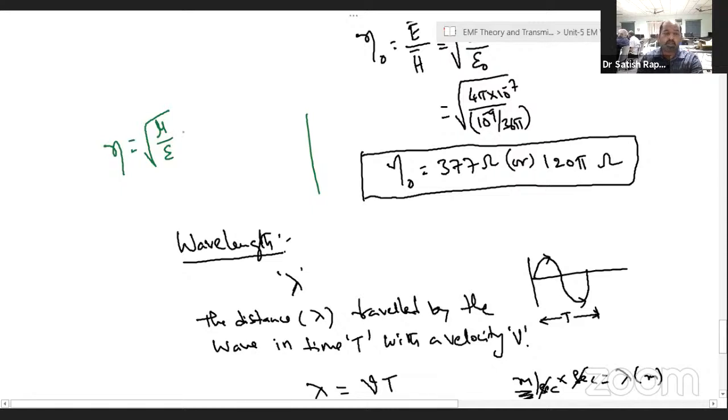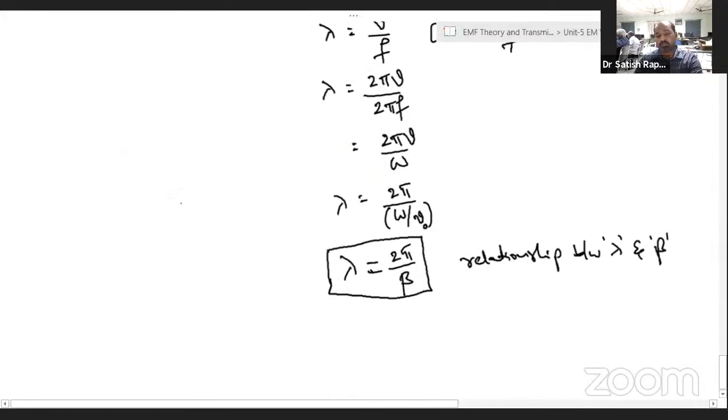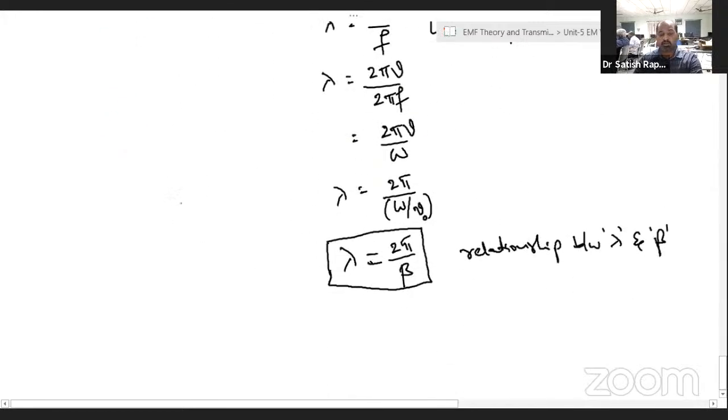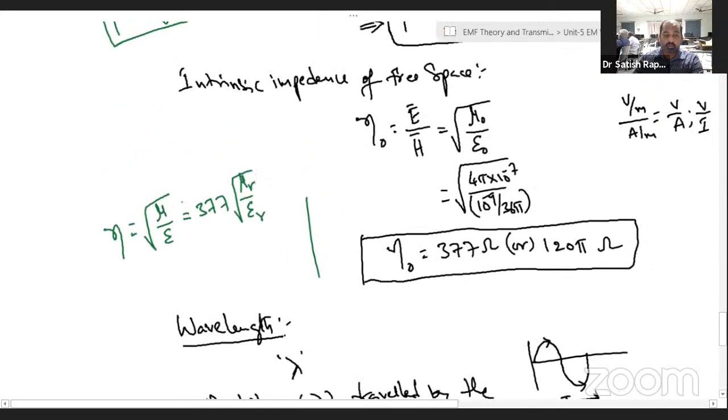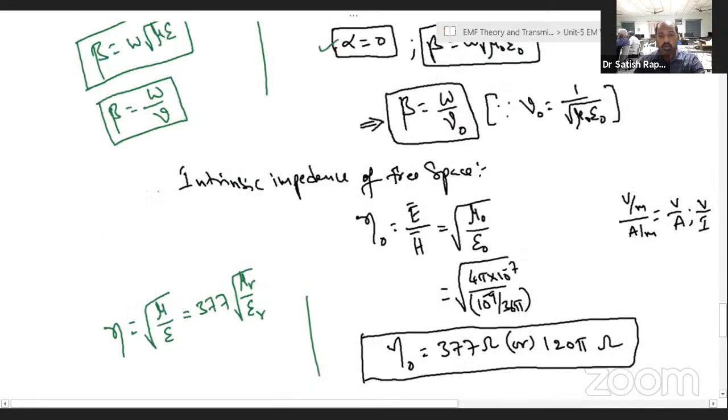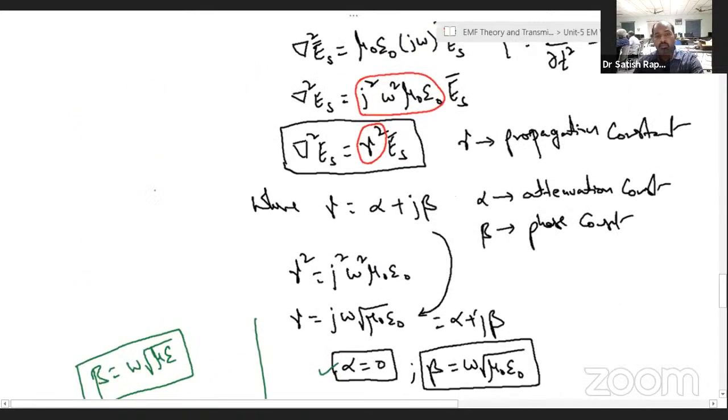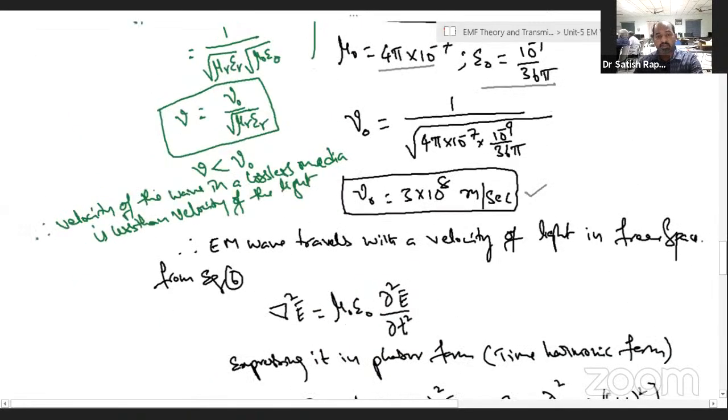Root mu by epsilon is equal to 377 root mu r by epsilon r, right? So this is the intrinsic impedance. This is all about the lossless dielectric media, so we have completed lossless dielectric media also.